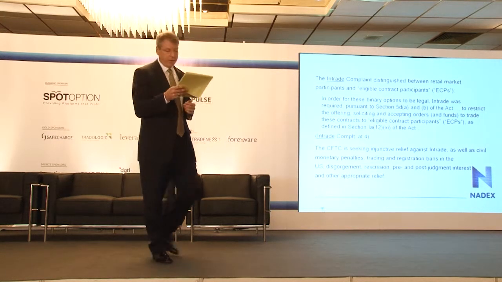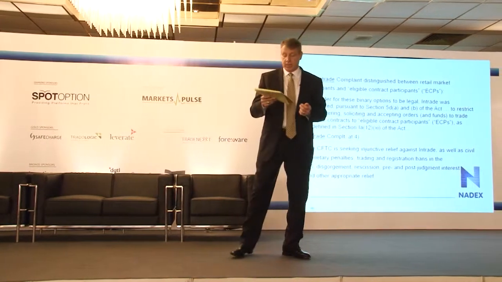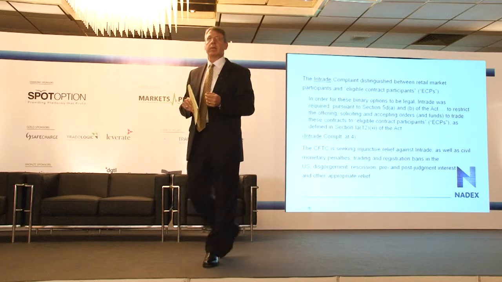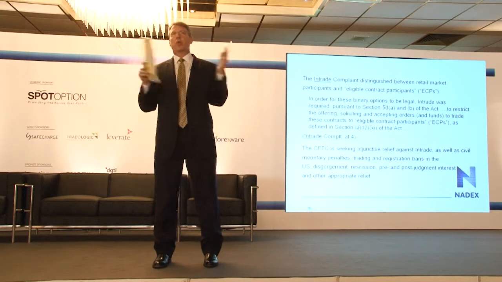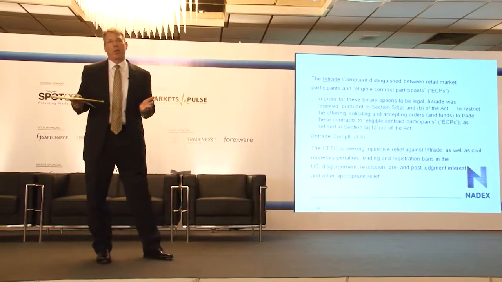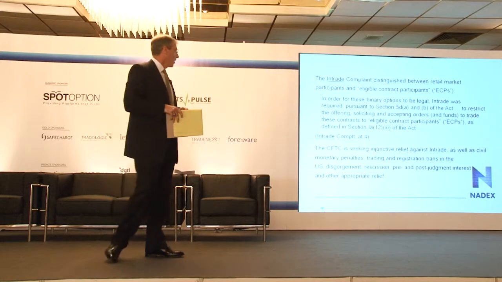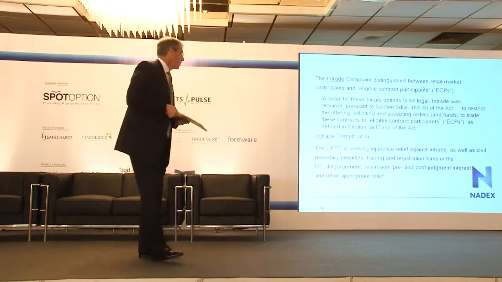It has to exceed $10 million. Or if it's an entity, it has to have assets of at least $10 million. So we're talking about, by and large, no one who trades binary options in the United States in the retail market qualifies as an ECP. So effectively, all that trading needs to occur on an exchange.